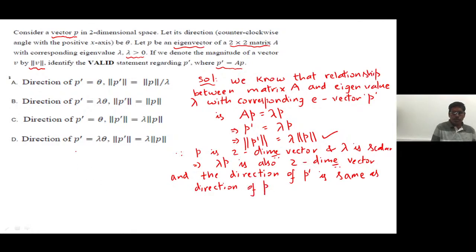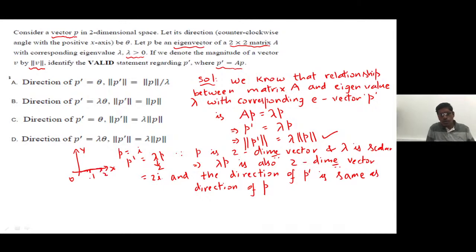See, I will just show. You know this is the y-axis and this is the x-axis. This is the origin. Suppose P is equal to i. So you know this is i. This is the P direction. Now what is P dash? Lambda into P. If I take lambda value 2, 2P means 2i. What is the direction of 2i? This is 1 and this is 2. So the line joining origin and 1 and origin and 2 is in the same direction.